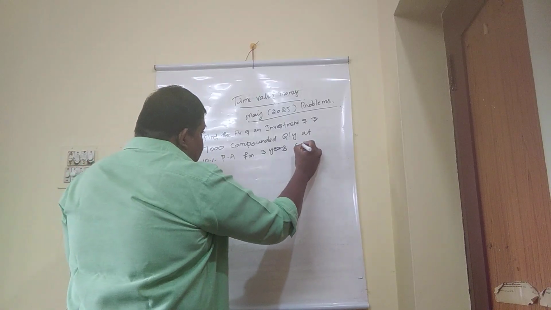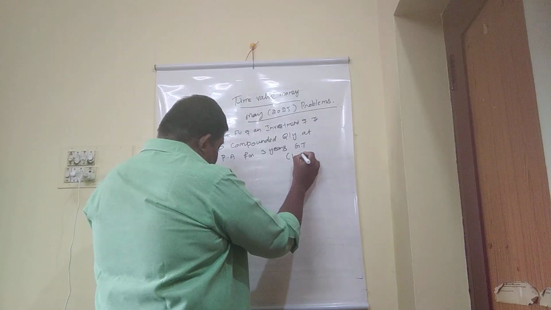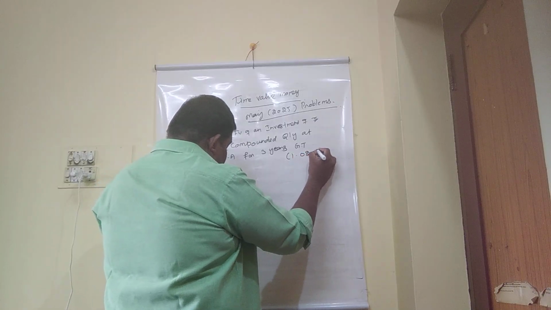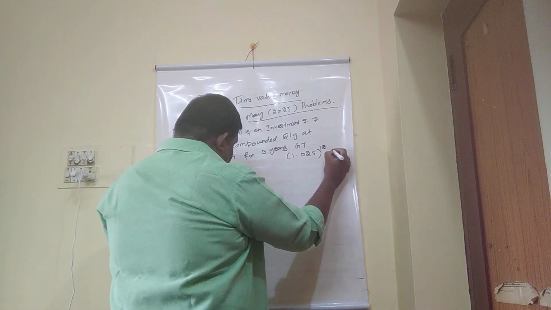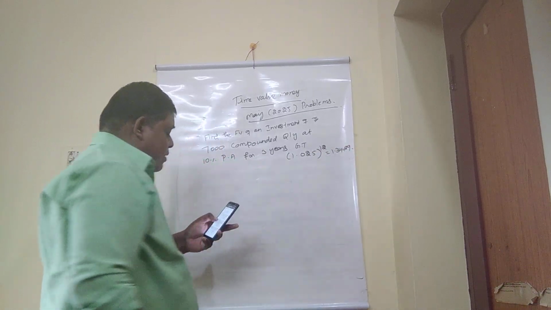The value is given in the question: 1.025 whole to the power 12 is equal to 1.34489.